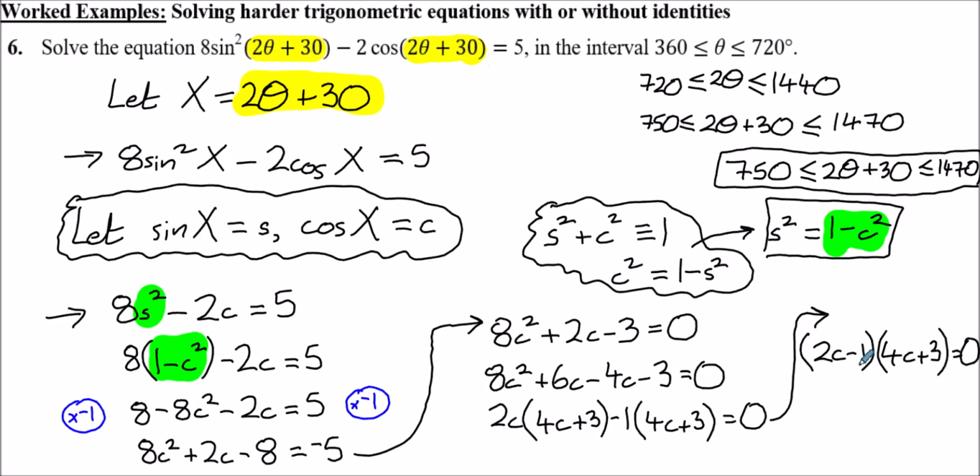So now what we're going to have is two options for what cos of big X can be. And so this bracket might equal 0, in which case c is a half, or from this bracket, for this bracket to be equal to 0, we see here that c would have to be negative 3/4.